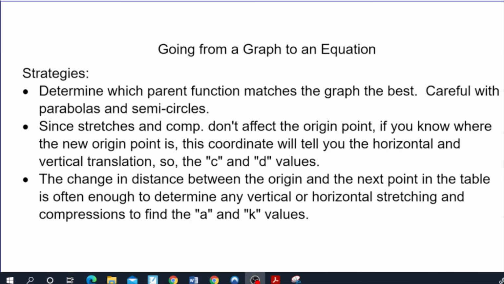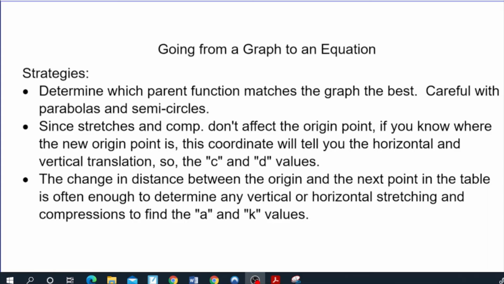The last one's a little bit hard to explain. Again, it'll make more sense when you see the graph, but because we know the original tables of values for the parent functions, from the origin point to the next point in the table of values, we'll usually have a specific distance horizontally and vertically.